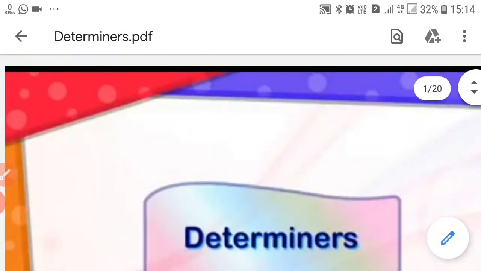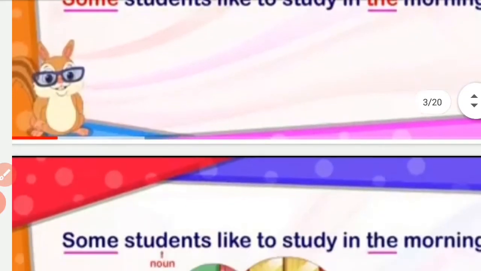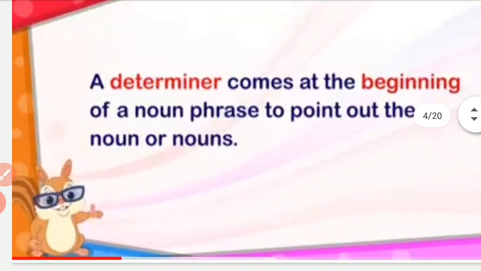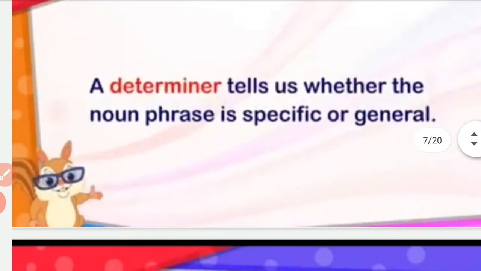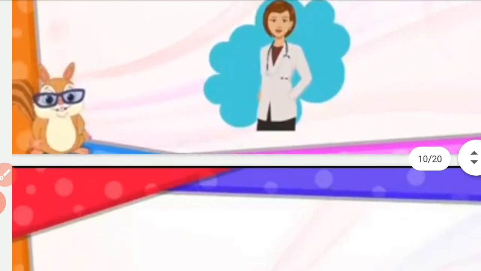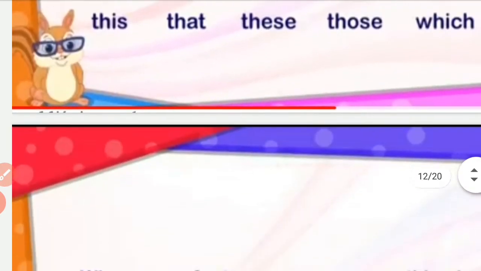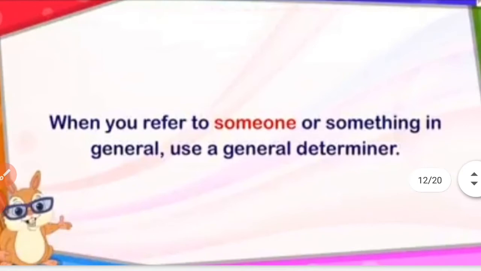By mistake I am touching the page number, that's why it is happening. I hope so we were talking about the list of specific determiners we have seen here. Now in the next slide you can see, when you refer to someone or something in general, we have to use a general determiner.